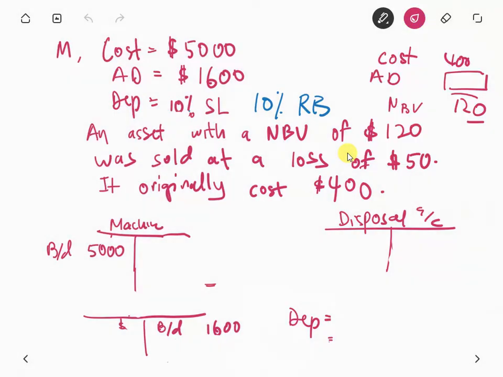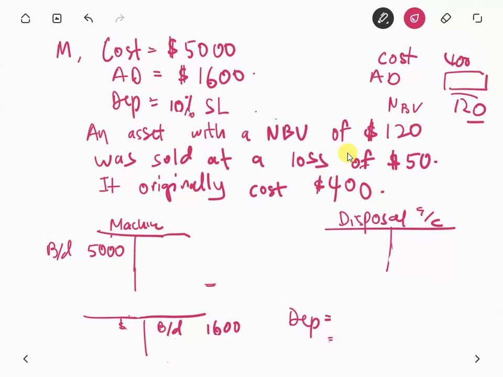I have a machine that costs in total 5, many assets. Accumulated depreciation 16. We start with straight line method, 10%. An asset with a net book value of 12 was sold at a loss, 50.